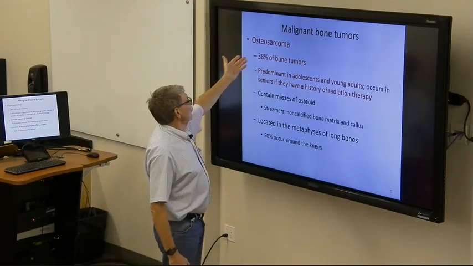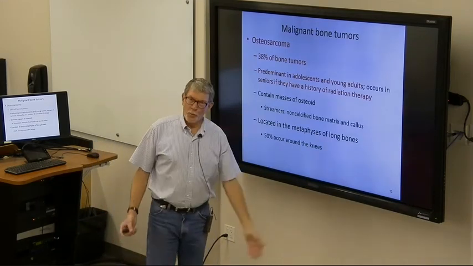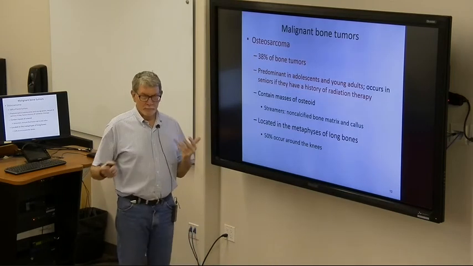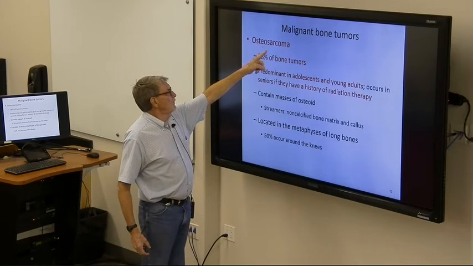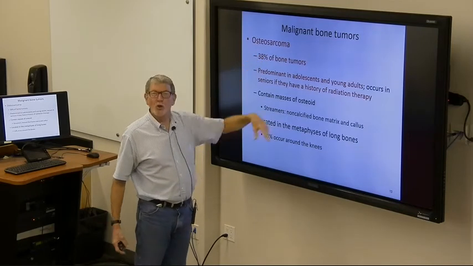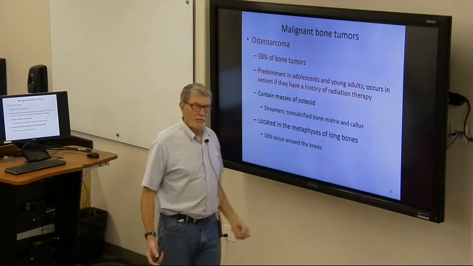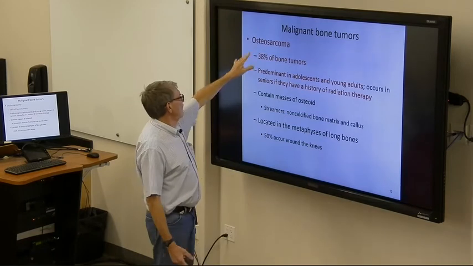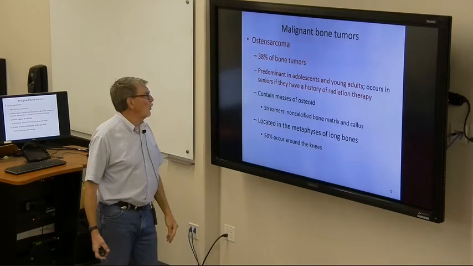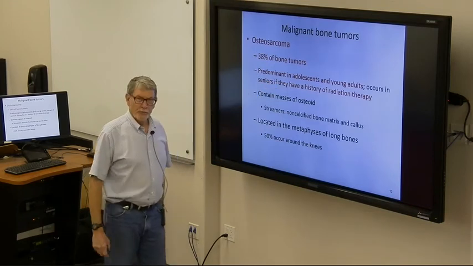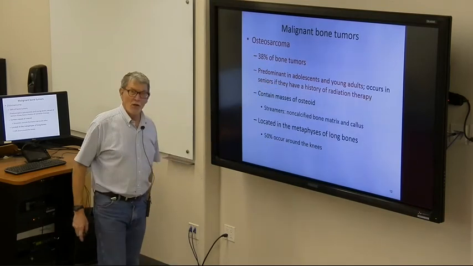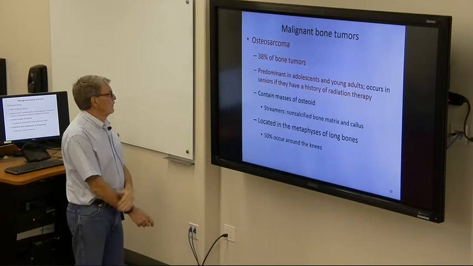Osteosarcoma is one of the more common bone tumors. That's a bone connective tissue tumor, really. So the fibrous connective tissue and bone. Adolescents and young adults. And we'll see osteosarcoma when we do the kids thing too.